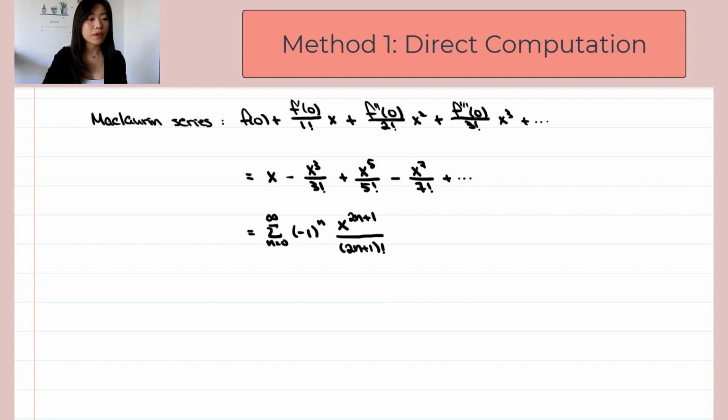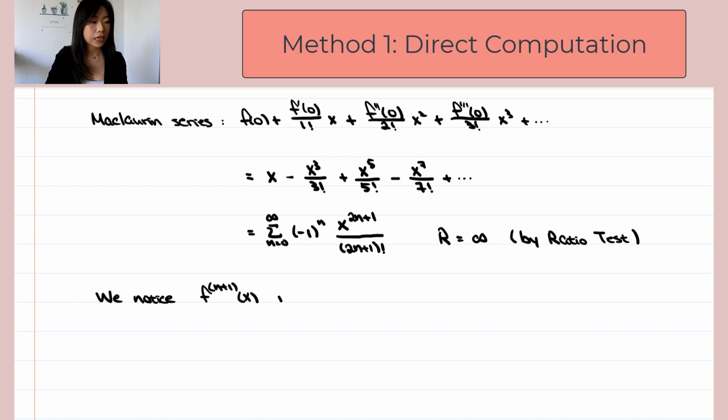And you can also check with the ratio test that the radius of convergence for this series is infinity. Then the next step is to verify that the function sine of x equals this Maclaurin series. For that we need to use Taylor's inequality. We notice that the n plus 1 derivative will be either plus or minus sine of x or plus or minus cosine of x.